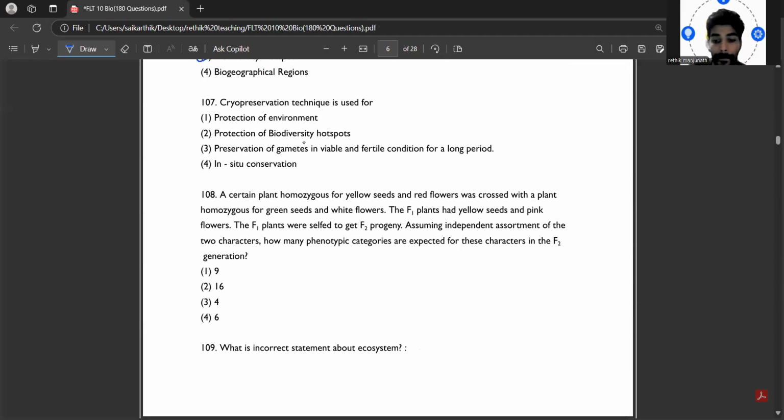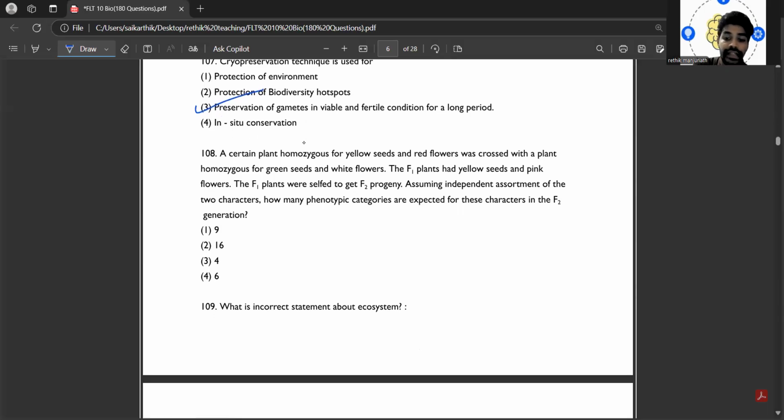Direct question. Then 107 asks: the cryopreservation technique is used for what? It is actually used for the preservation of gametes in viable and fertile condition for a longer period of time. So 108 says that, let's break it down step by step.